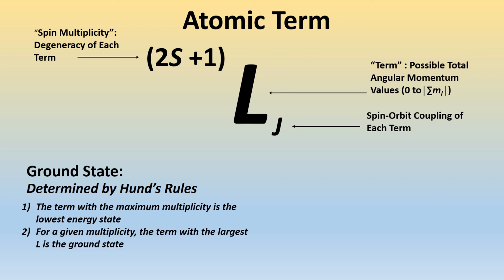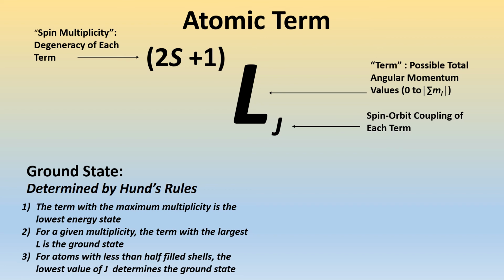Should 2 or more states have the same multiplicity, the term with the largest value of L, angular momentum, is the ground state. And if there are 2 or more states with the same L and the same S, and an atom with a half-filled shell, the lowest value of J determines where the ground state of the electron should be.